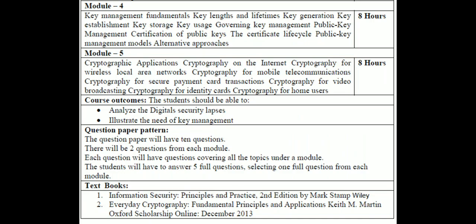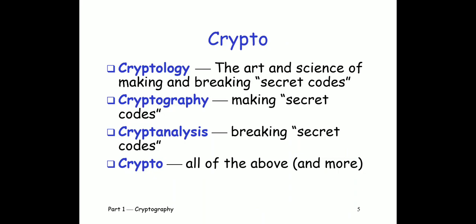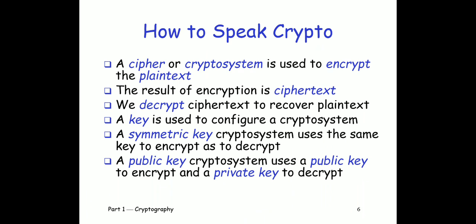So in our previous class, we had started with the introduction to cryptography, and then we saw the basic terminologies of crypto, which included cryptology, cryptography, cryptanalysis, and crypto altogether. After it, we explored more about what a cipher is.